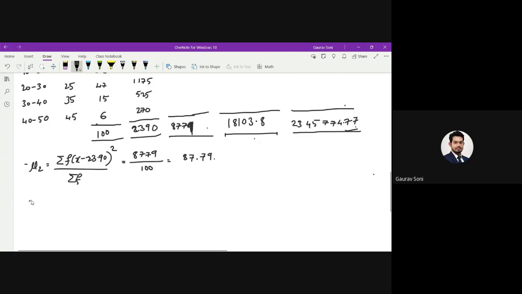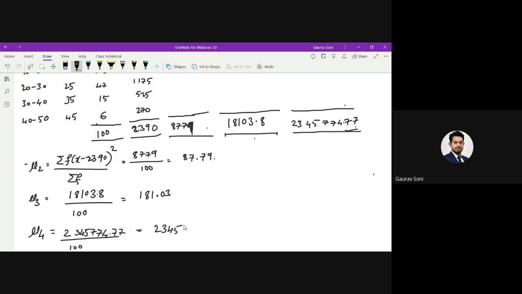Fine. So mu3 will be 18103.8 divided by 100, so that is 181.03. Mu4 is 2345774.77 divided by 100, so that is 23457.74.